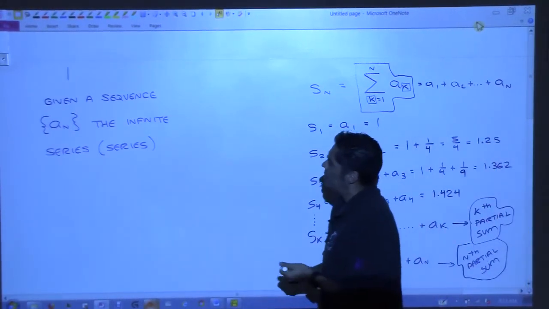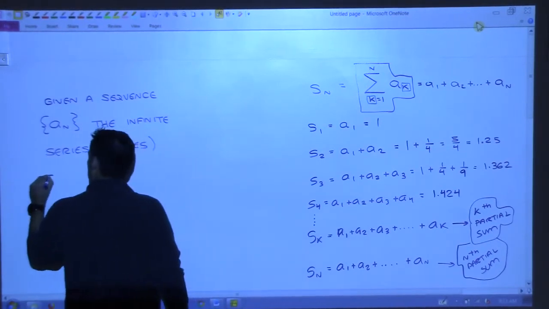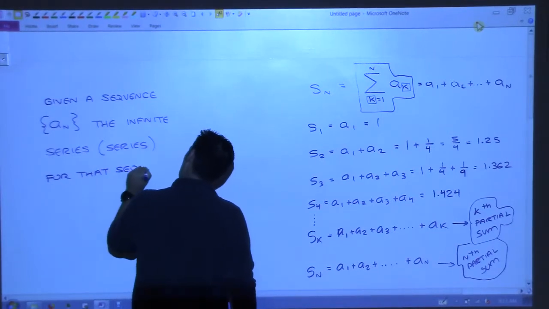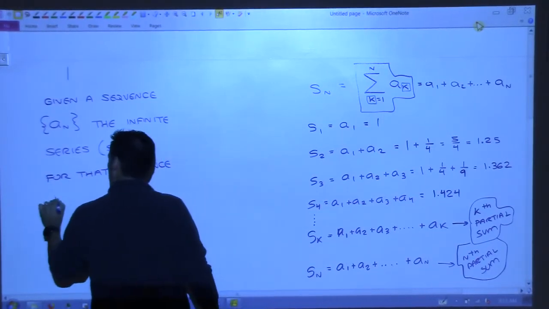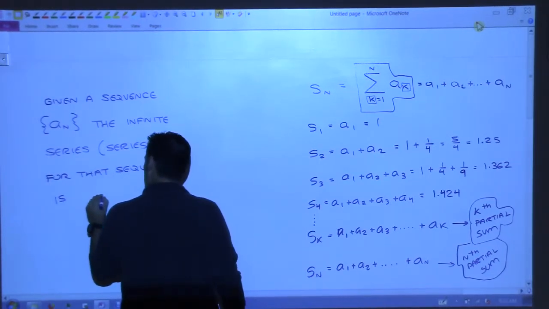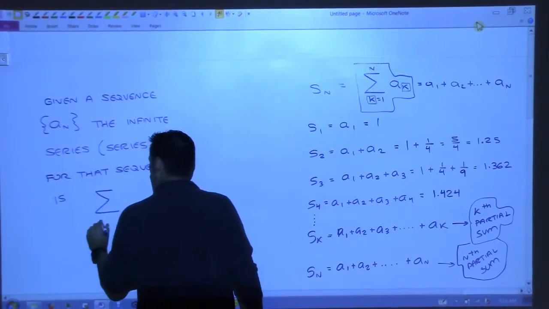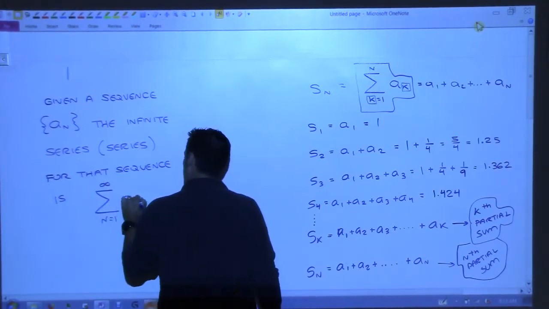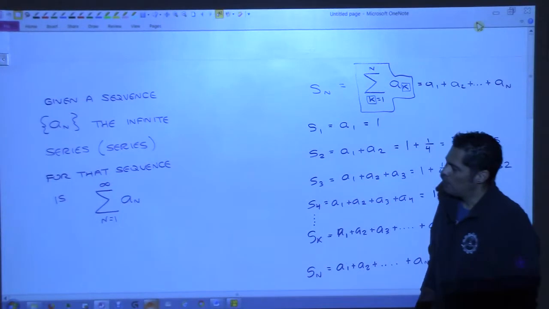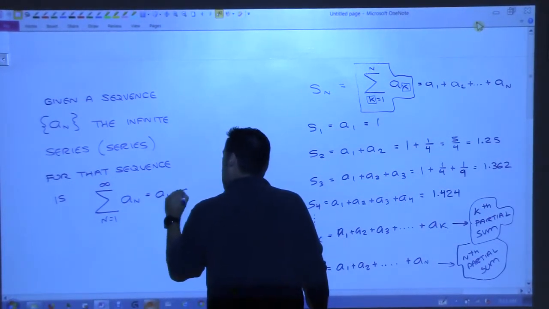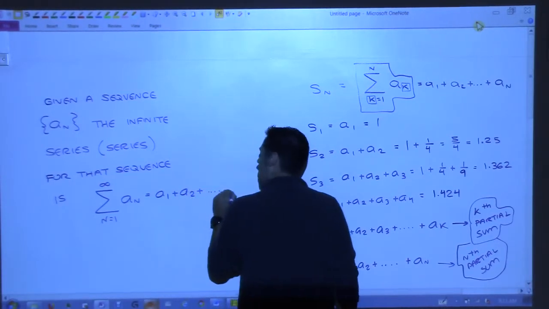The series for that sequence is the sum, I'm going to use n this time, n equals 1 to infinity of a sub n. So notice that for this series, I want to add these up forever, right?